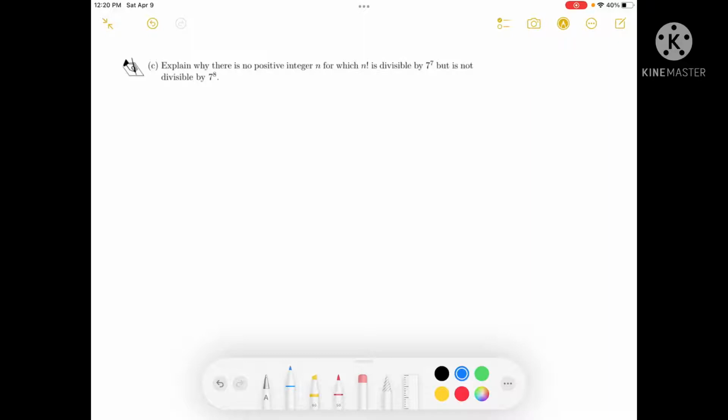When I first read this question, I was a bit confused, but basically this question wants us to prove that an integer that is divisible by 7 to the power of 7, but not 7 to the power of 8, does not exist. Firstly, we can list out the first 6 multiples of 7.